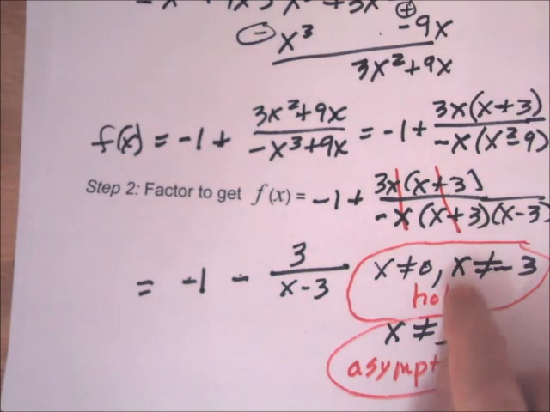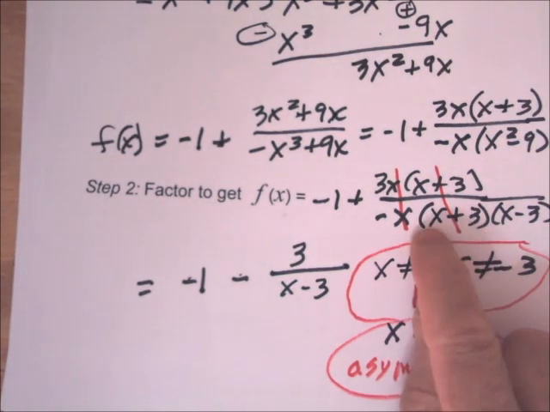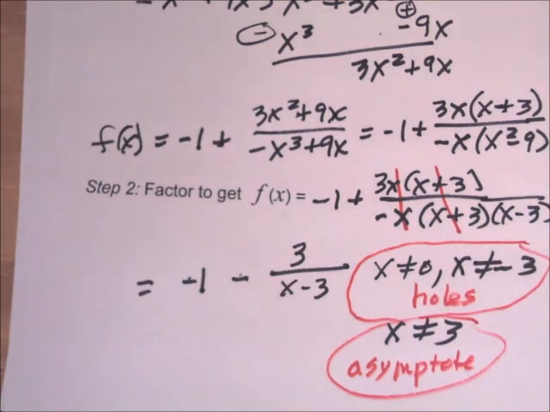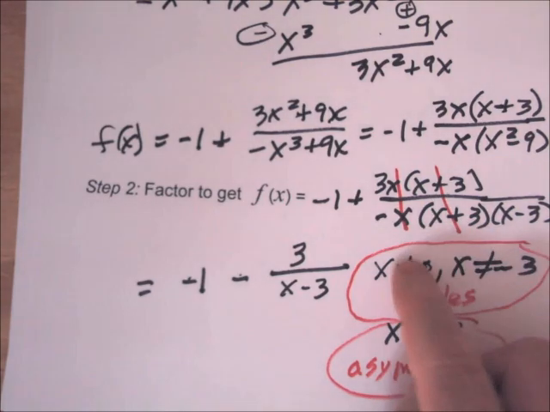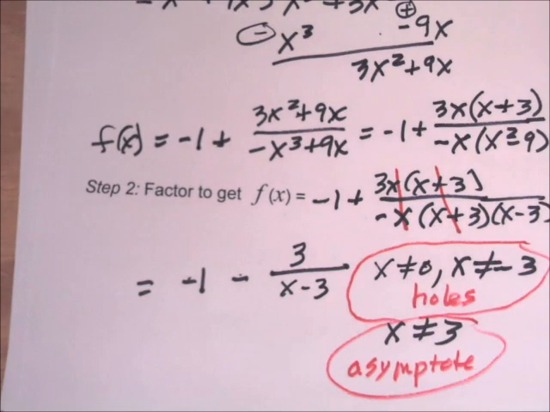The holes occur if they make the denominator of the unreduced fraction equal to 0. So these two are holes. They make the denominator of the unreduced fraction equal to 0, but they don't occur in the denominator of the reduced fraction.